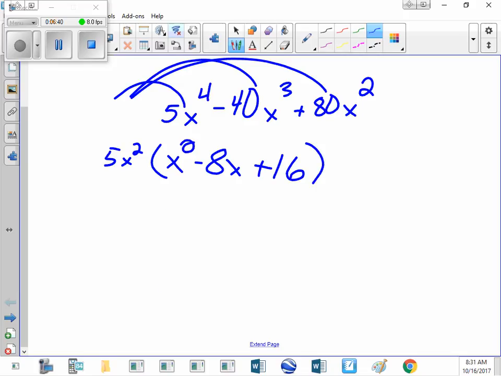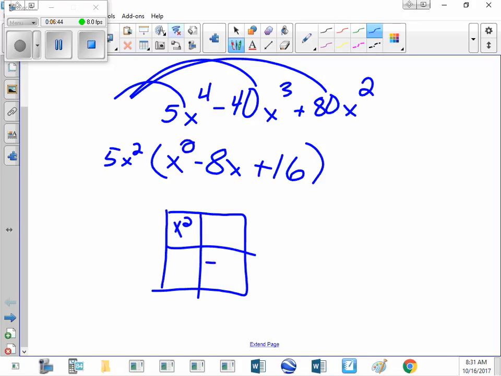Now I use the box. X squared and 16. Multiply those together. 16x squared. This is positive, which tells me signs are the same. And this is negative, which tells me they're both negative, so minus and minus. Are there factors of 16 that add to be negative 8?